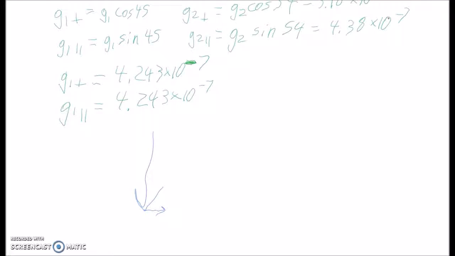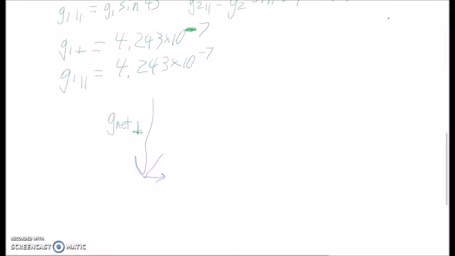And I'm going to tell you that this side here on the left is just a product of the two perpendicular sides. So this is our net. I'm going to call it G net perpendicular and G net parallel. And G net parallel is equal to G2 parallel minus G1 parallel.